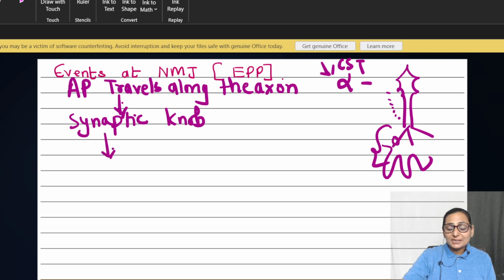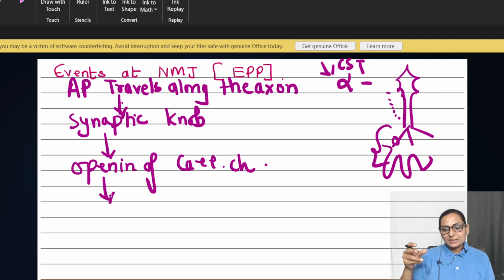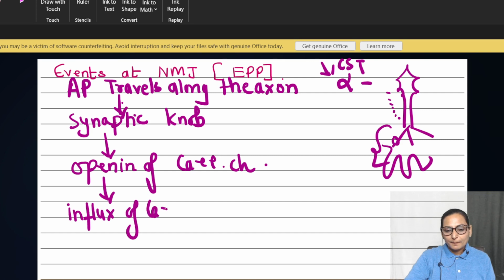As soon as it reaches the synaptic knob, the change in the membrane potential is going to result in the opening of the voltage gated calcium channels, and there is going to be influx of calcium.